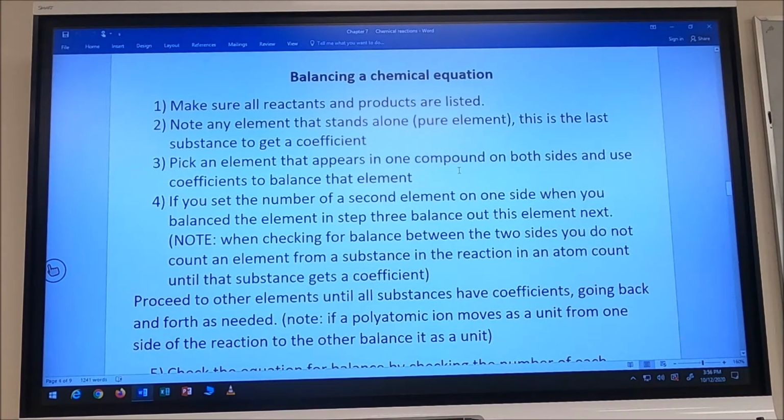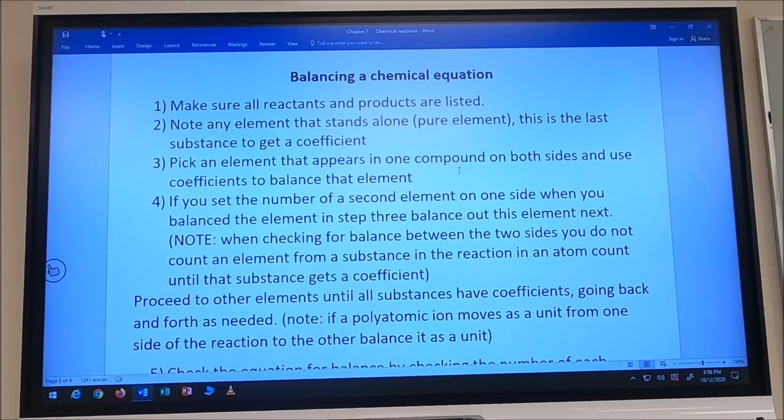First thing you want to do is make sure that you've got all of your reactants and products listed. Note any element that stands alone, a pure element like just oxygen or just hydrogen. That's going to be the last place I give a coefficient.